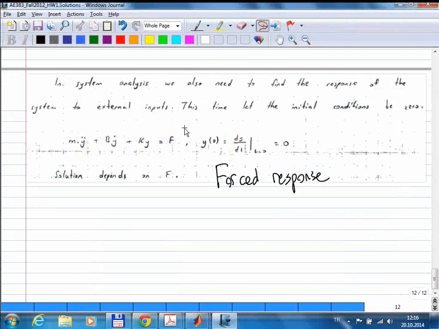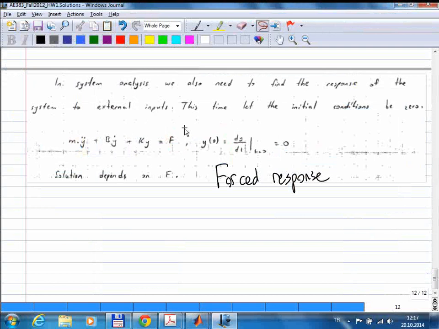I mean, if you consider a constant number, you can find the solution. If you consider a different constant number, the solution will be different. If you consider an input that changes in sinusoidal form, there will be a solution to that. If you consider an input that changes as a square wave, the solution will be different.